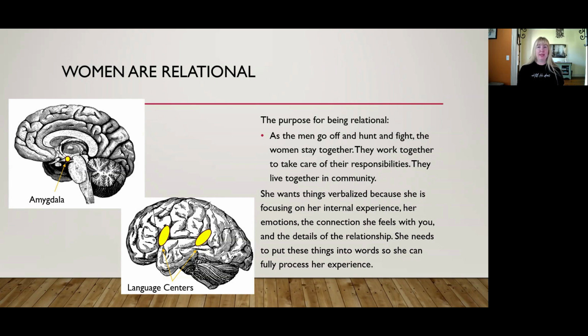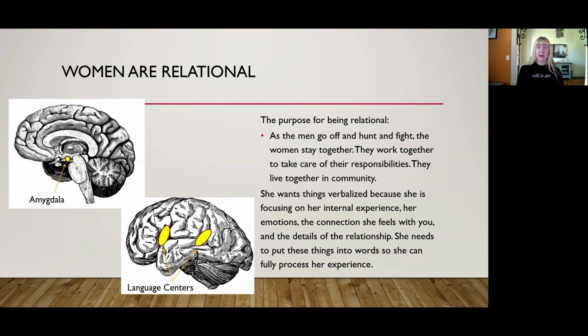So again, it's not that men can't, it's just what's the tendency? Well, men tend to process internally. And then they verbalize when they either have made a decision or they need input. So women tend to verbalize and process verbally. They process out loud, so they're still talking through it as they're figuring it out.